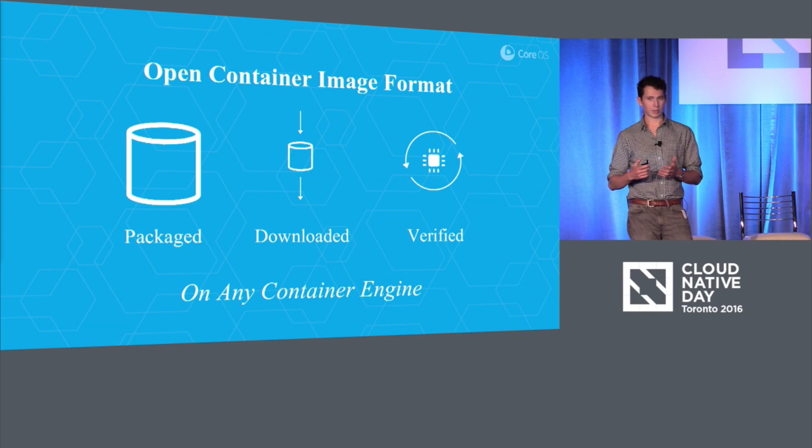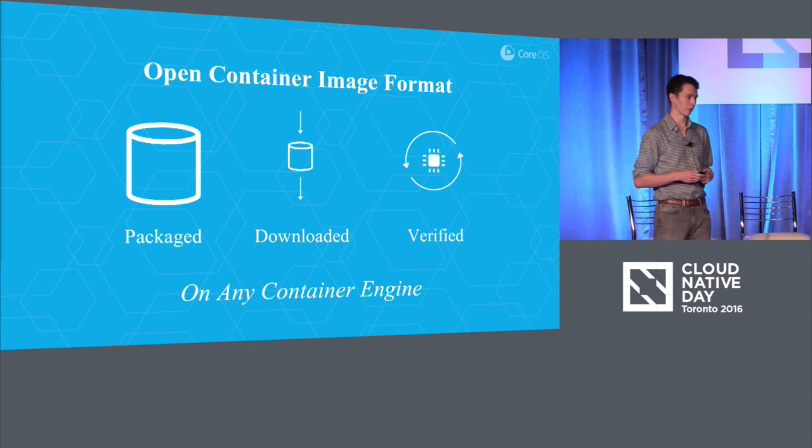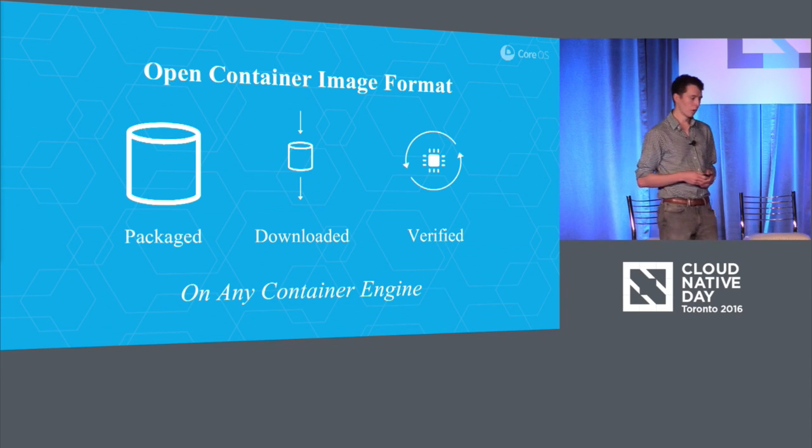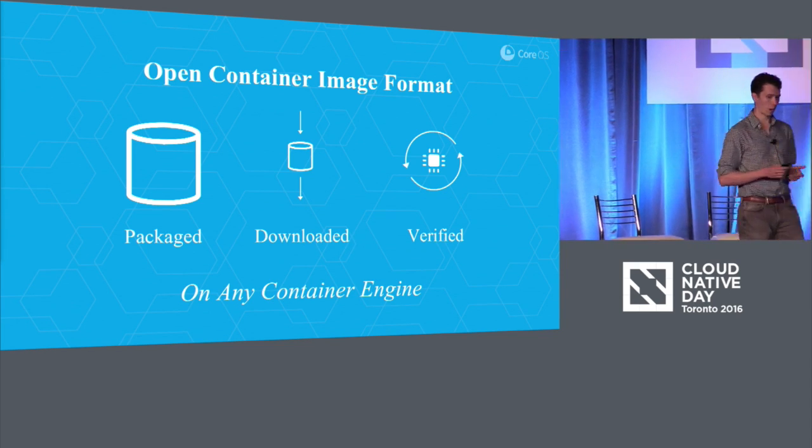In order for that to be successful, we need to have an entire ecosystem of tools that can package and build these containers, tools that can host and upload and download these containers, and hopefully verify those containers once they are landing on a machine, and really run those on top of any container engine that's available. And this is work that's going on today inside of the Open Container Initiative. There are currently draft specifications for the OCI image spec, and we're hoping to get the image spec wrapped up into a 1.0 over the next few weeks and months.